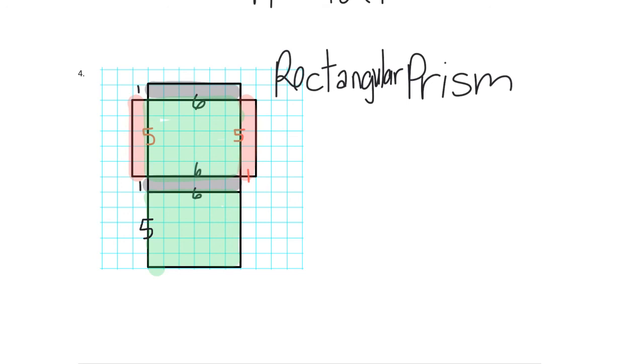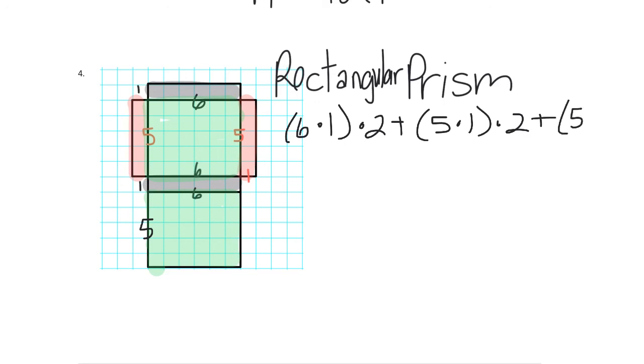So for my total surface area, I'm going to start with my gray ones. They are 6 by 1, and I have 2 of them. My red ones are 5 by 1, and I have 2 of them. And then for my green ones, I have 5 by 6, and again, there are 2 of them.